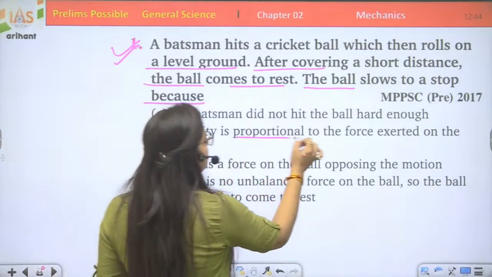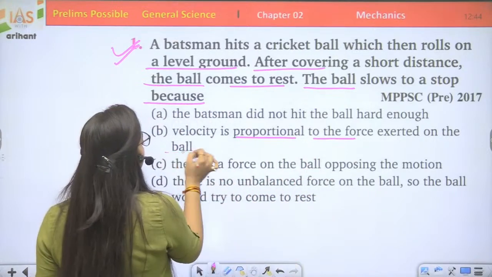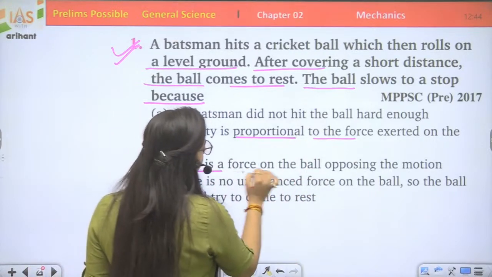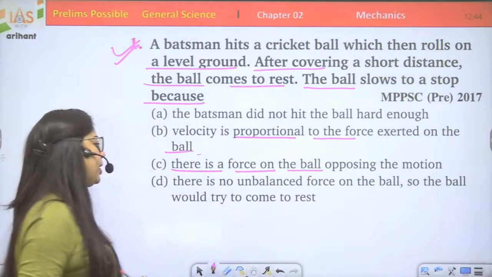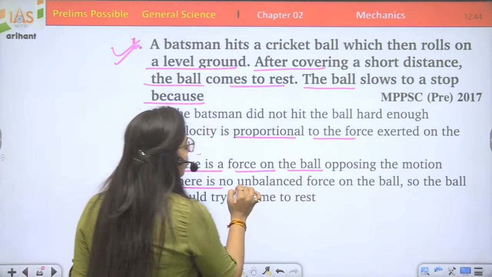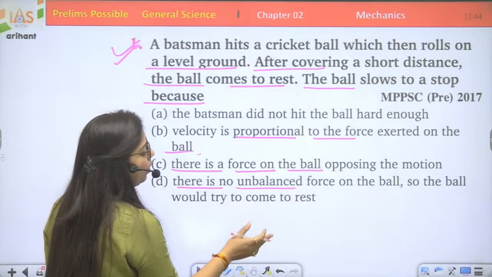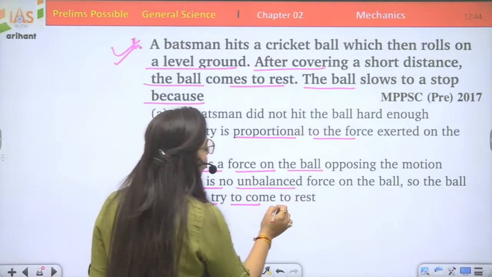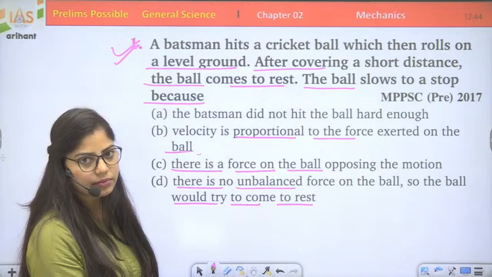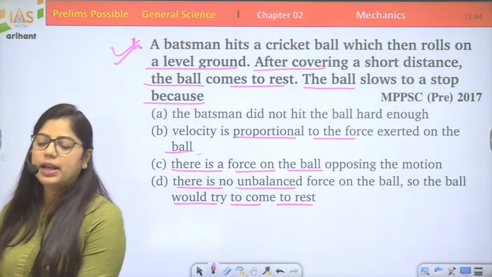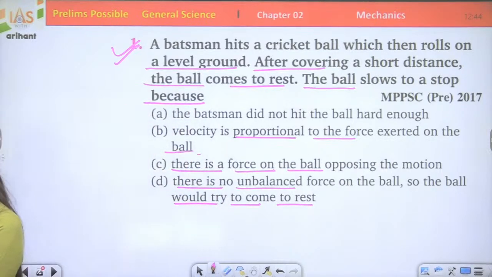Velocity is proportional to the force exerted on the ball. There is a force on the ball opposing the motion, and there is no unbalanced force on the ball, so the ball would try to come to rest. Now tell me, which one is the right answer?